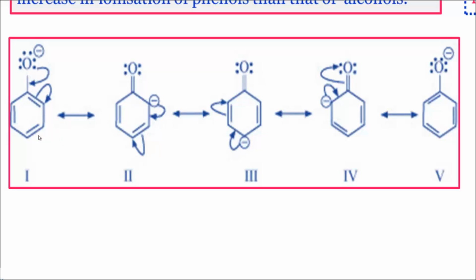So these 1, 2, 3, 4 and 5 resonating structures show there is no charge separation, unlike what we experienced in the case of phenol, wherein the oxygen atom of the resonating structures of phenol showed a positive charge, which is not present in these resonating structures of the phenoxide ion. As a result, the phenoxide ion is more stable than phenol. So these 5 resonating structures clearly depict the same.